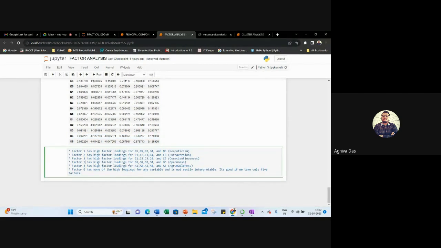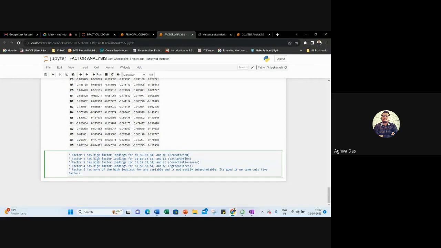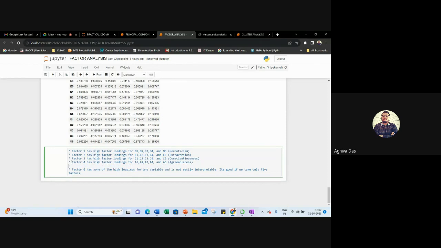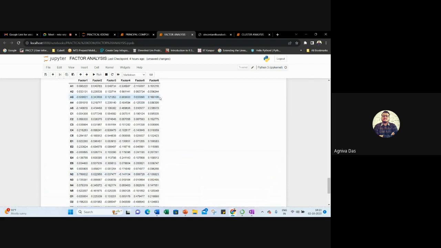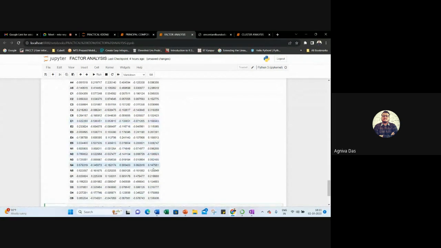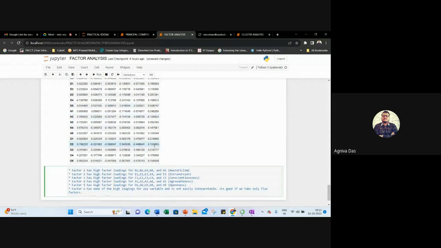So this is for factor 5. And factor 6 has none of the high loadings. As we can see here in factor 6, very high loadings are not there for anyone. So maybe most of the uniquenesses are left here. Also factor 6 is not highly interpretable.